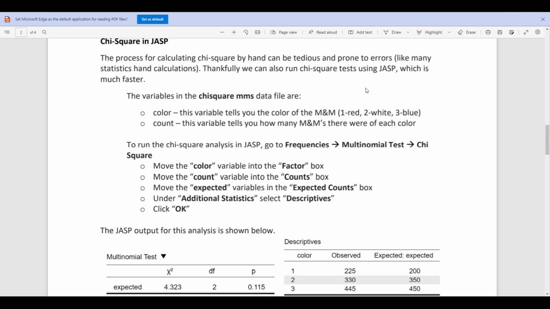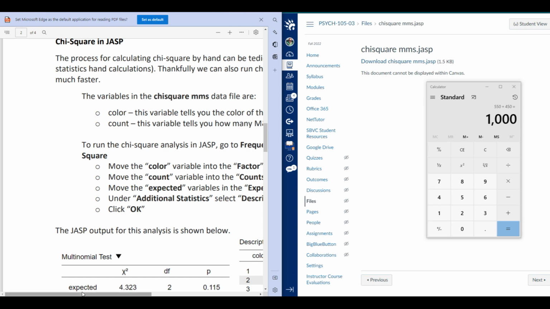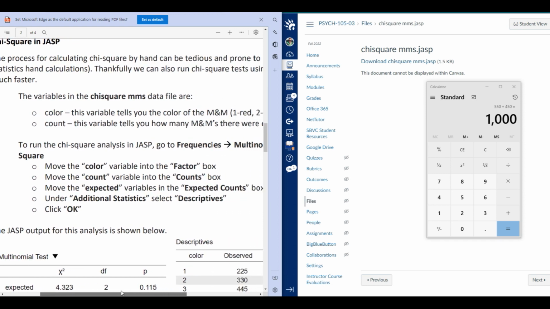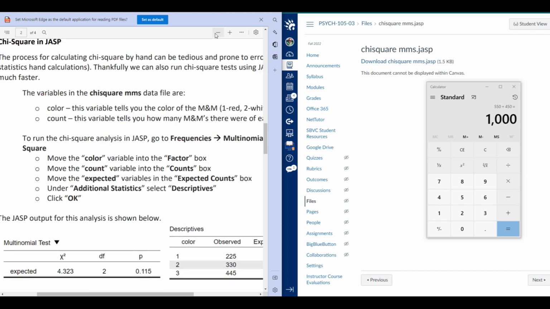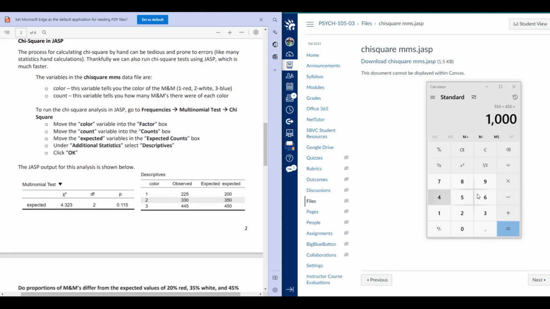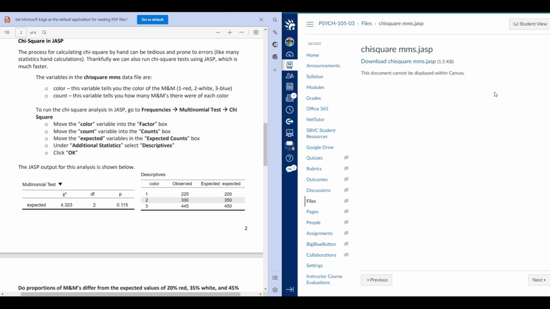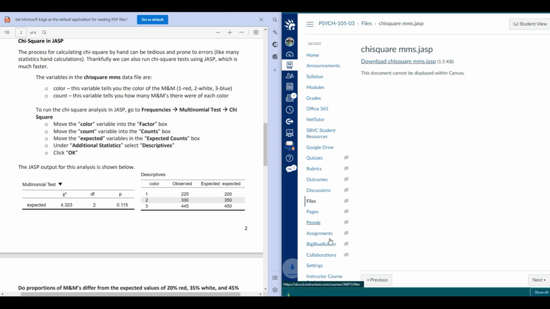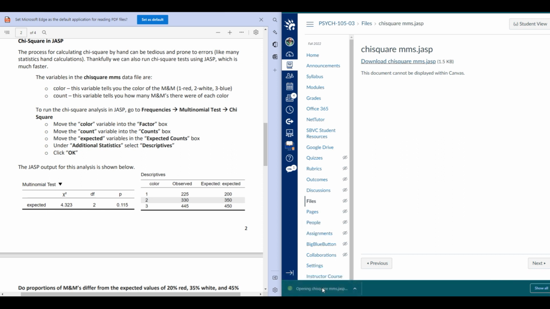Now we're going to look at a data set called chi-squared M&Ms. Let me go ahead and split my screen here so we can pull up the data file. Now I'm going to download my data and open it up in JASP.